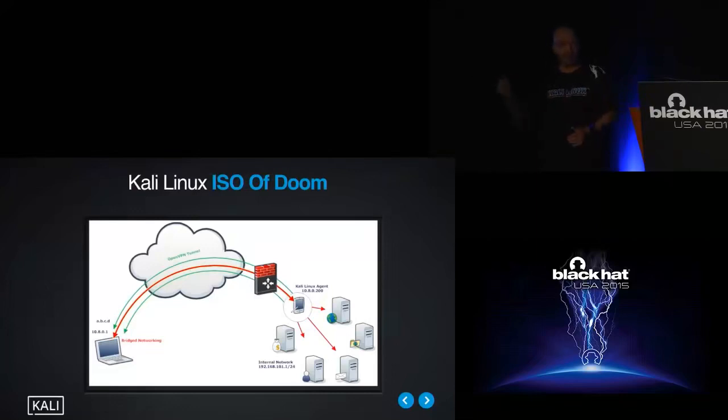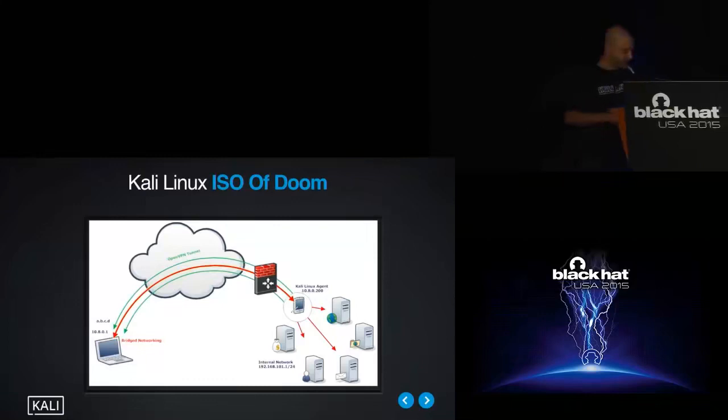So think about immediate deployments of malicious access points. Again, just by pre-configuring your build, and these are the type of features that we've been investing time and effort in during our development process.